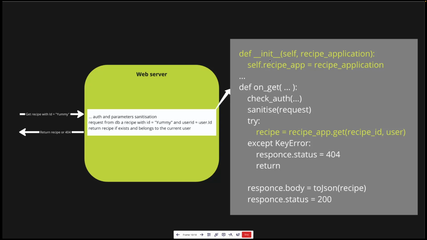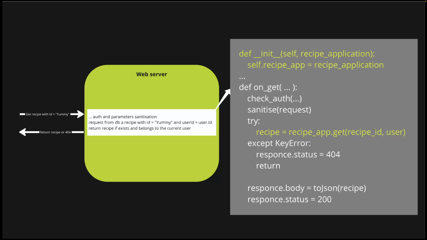And we can say, hey, when we create our web server, we will get a receive application from somewhere outside, so someone else who knows what this should be gives us an application. And then whenever we need to invoke business logic, we always call just this one app.get method, and we don't do any other business logic inside. This is the only thing.